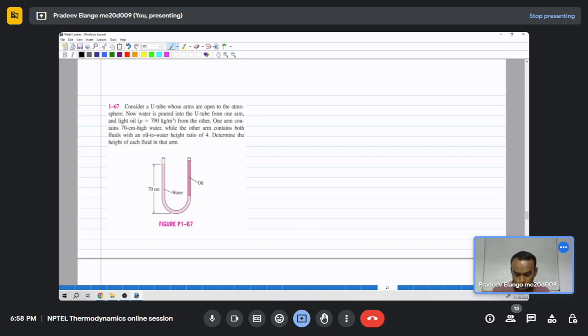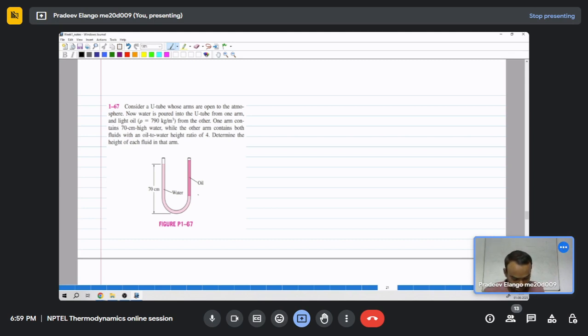So now we have a U-tube manometer with 2 arms, and one side of the arm contains purely water with a height of 70 centimeters, and the other side has water and oil, but the ratio between the heights is given as 4.